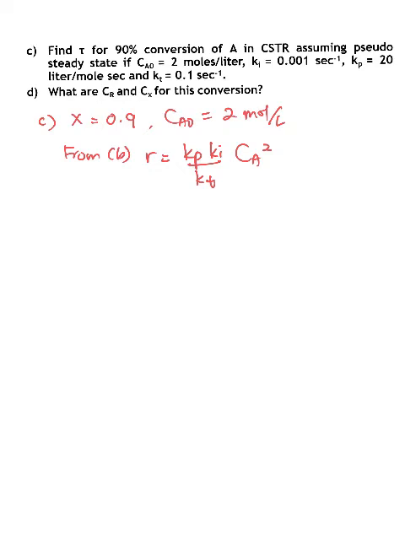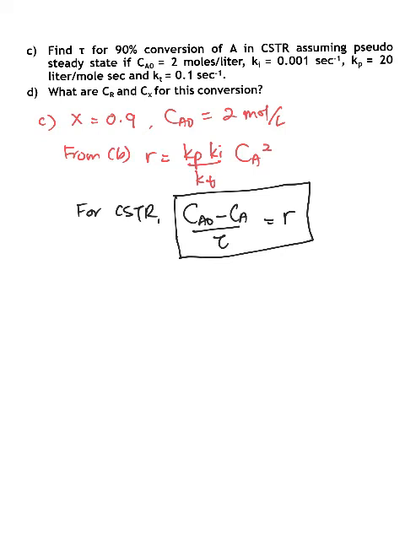Then how do we relate it with the mole balance equation of the reactor? For CSTR, CA naught minus CA per tau equals R, based on the decomposition of reactant A. So we are going to use this equation to determine the value of tau.